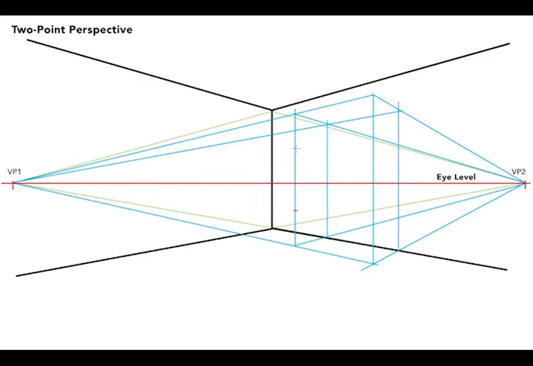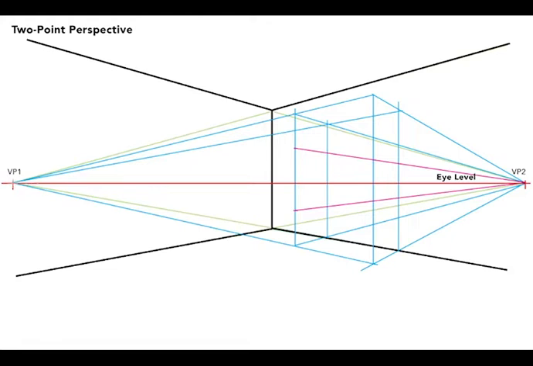Once you decided, you draw a line back to VP2 and another line back to VP2. So this portion tells you the bookshelf is going to be here, and this is another shelf at the bottom.